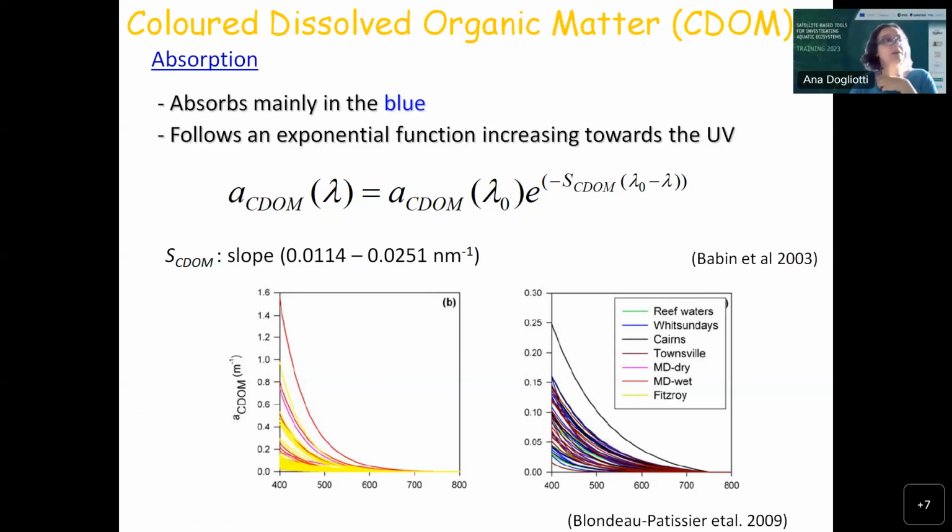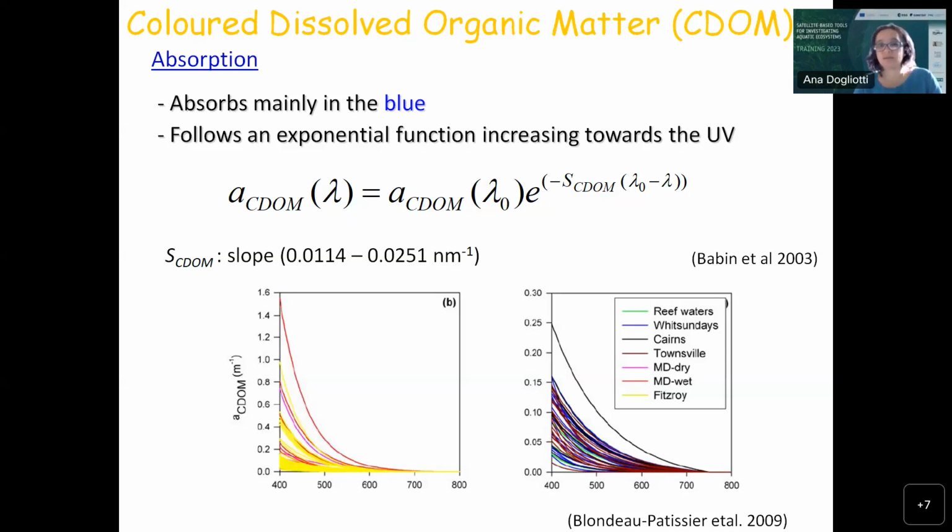It can vary a lot, for example in a big comparison going from really oceanic to really coastal waters. There was work crossing the Atlantic where they found changes in slope related to the origin of the CDOM. They don't say this is humic, this is fulvic, it's not so precise, but at least you can differentiate the origin of the dissolved matter.